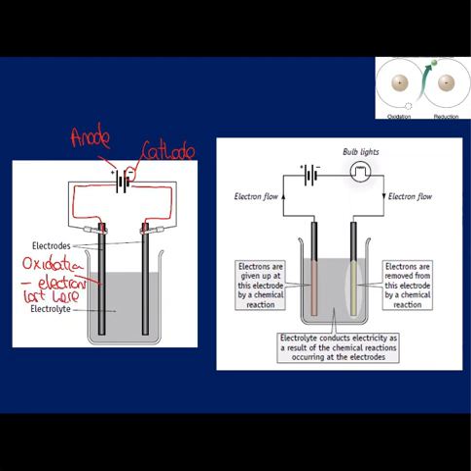What's actually happening is the electrons that are there are traveling up your electrode, and they're maintaining the circuit. Whereas over here on this side, you're going to have reduction, because it's red cat, and reduction here, you're going to have a gain of electrons at this terminal.